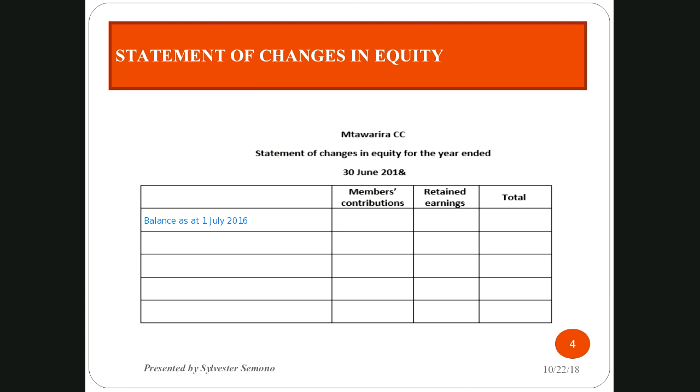Okay. Now, we need to put the balance of what? Of the retained earnings. Please give me the retained earnings balance. 18,792. Thank you very much. And please add, I want the total for both.